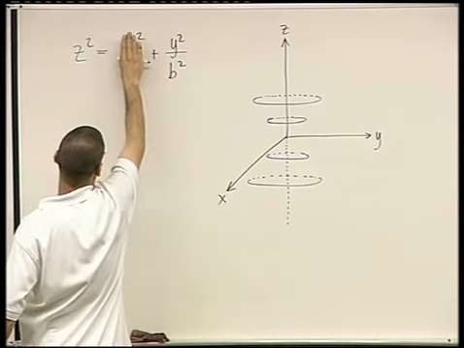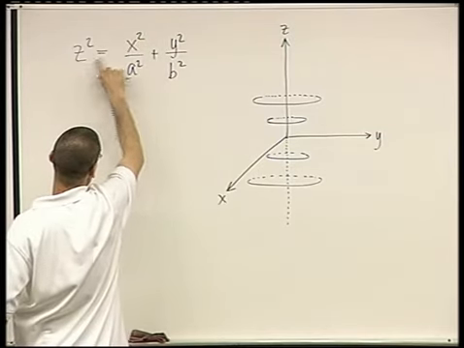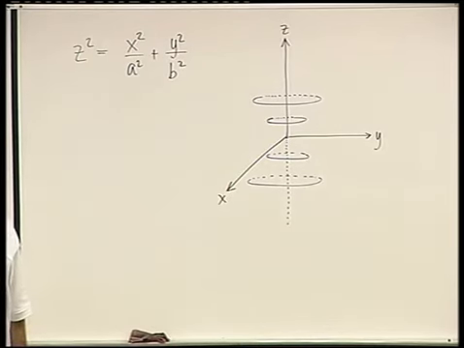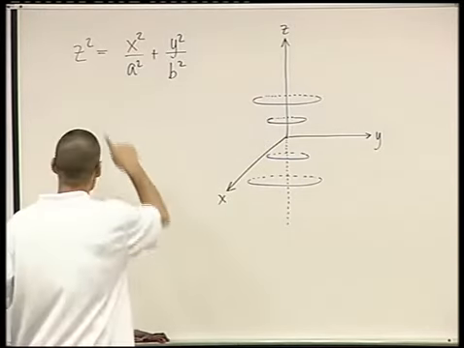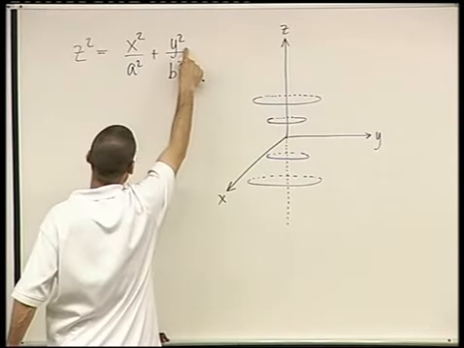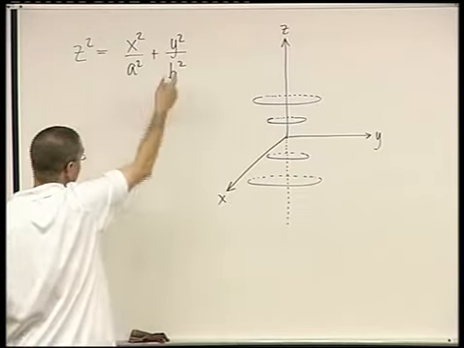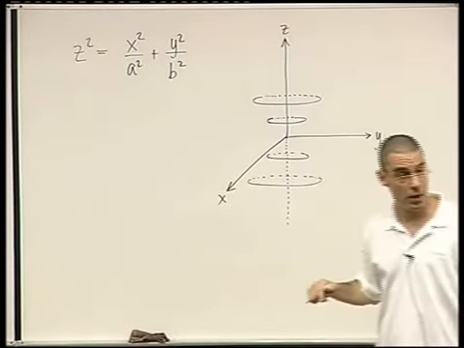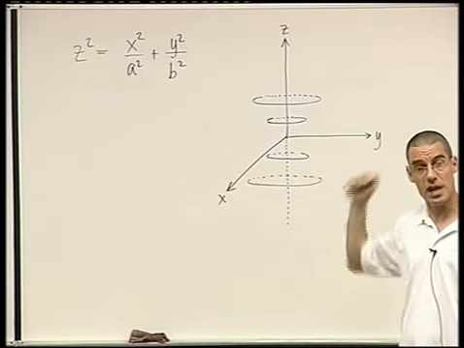This is gone. We get z squared equals y squared divided by some constant. What is that? It's a couple of lines, right? The points that satisfy z squared equals y squared are either points of the form z equals y or points of the form z equals negative y.